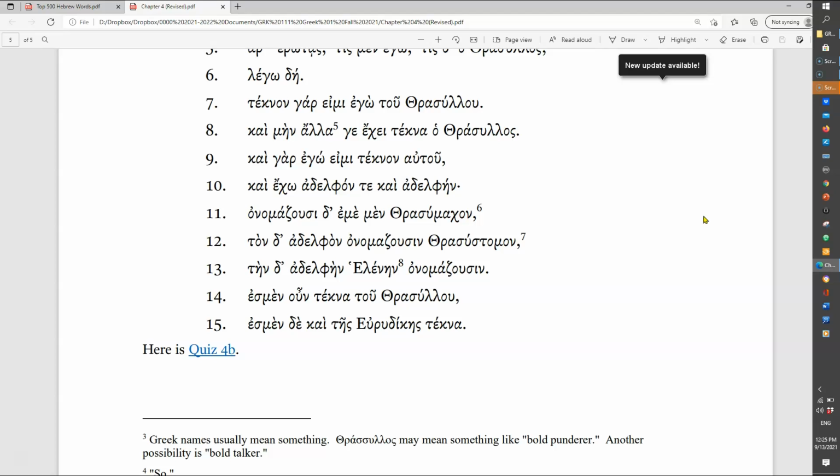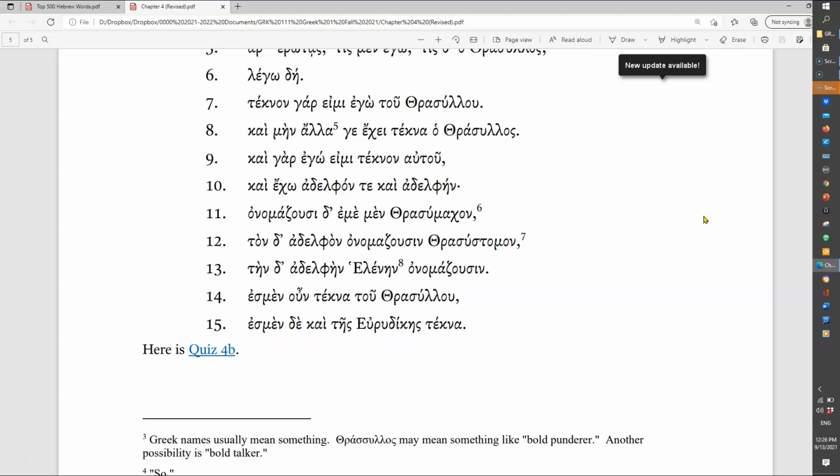I am named Thrasumakhon. The one in John is a noun, this one is active. This is onomazousin me, Thrasumakhon. Does that make sense to you?